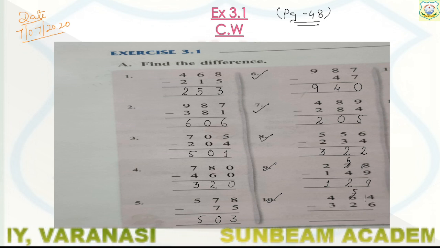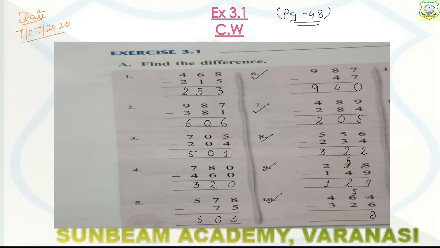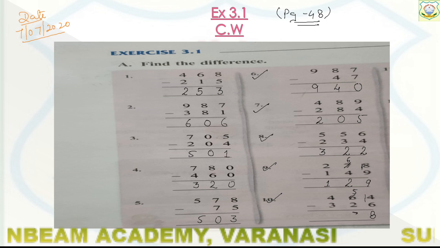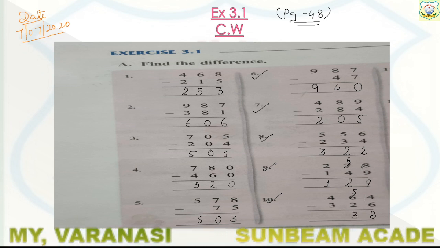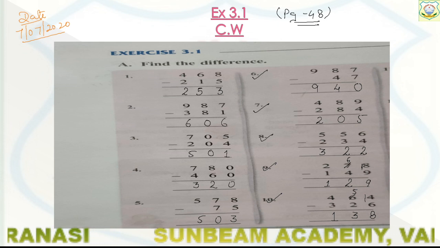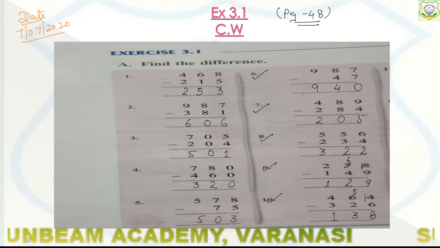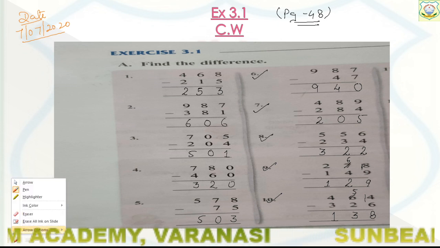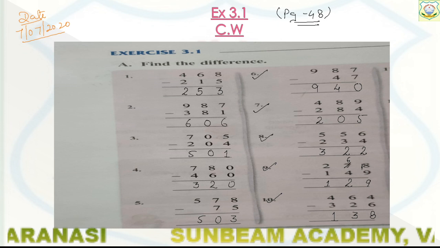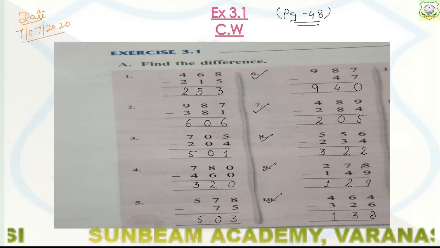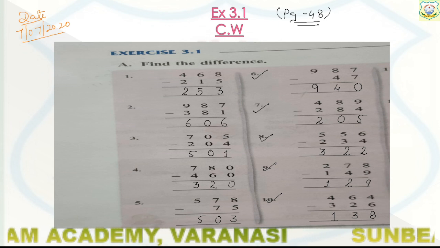And this is 14. 14 minus 6 is 8. And 5 minus 2 is 3. And 4 minus 3 is 1. Now please check your answers. Match the answers. Match your answers. And this is not required to write. This I was just explaining. Okay, complete this.